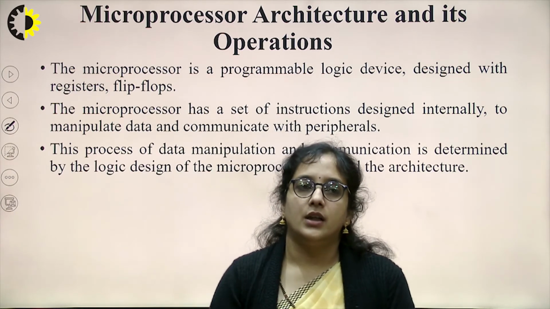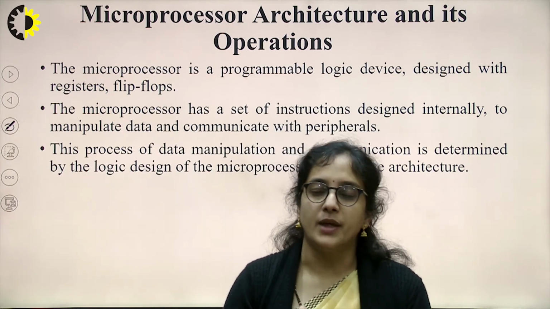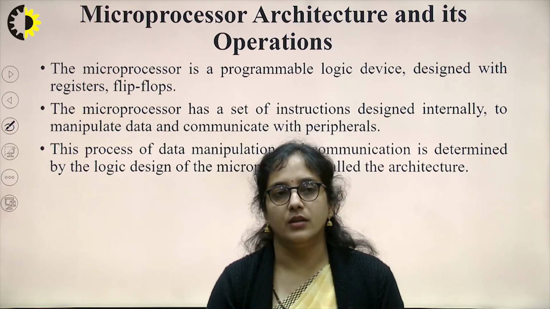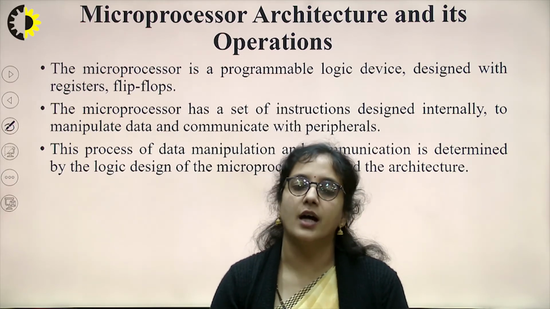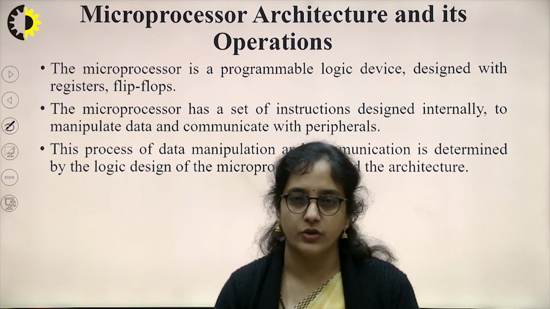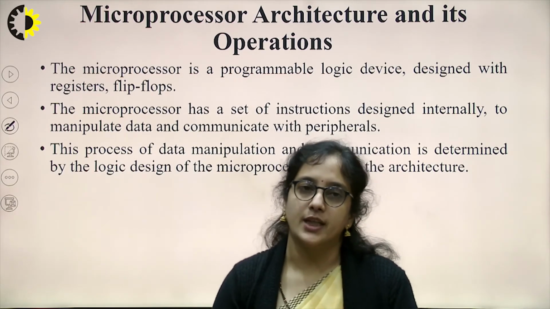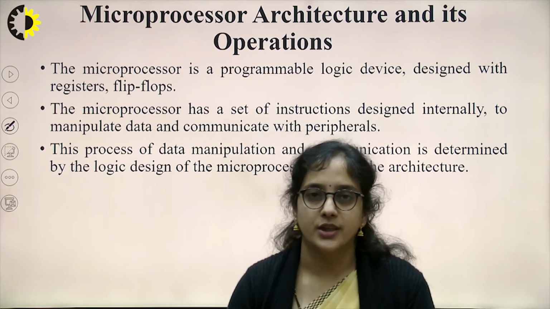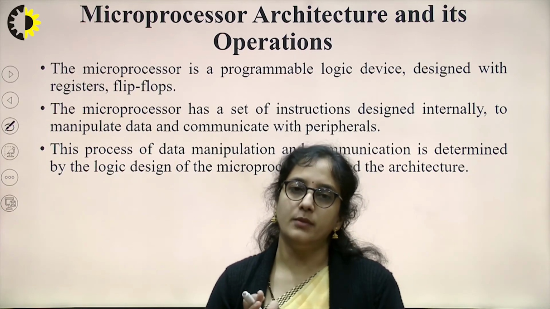This process of data manipulation and communication is what we call the architecture of the microprocessor, the process of data manipulation and communication by using the logic of the microprocessor.